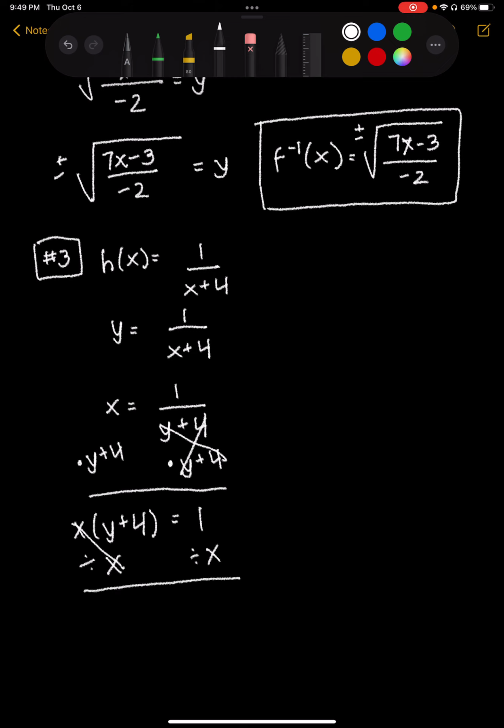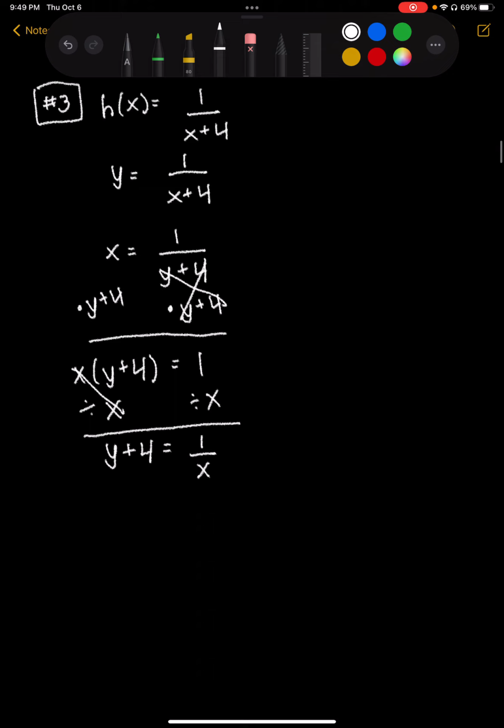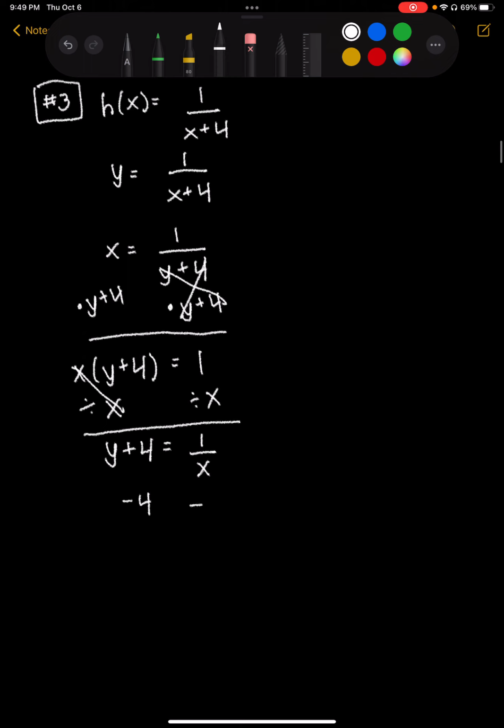So the x's on the left side cancel out, and we're just left with y plus 4. Then on the right side, we'd have 1 divided by x, which we have to leave as 1 over x. There's no way to simplify that. Okay, and now we still want to solve for y, so we can get rid of the 4 just by subtracting it. And we'd end up with y is equal to 1 over x minus 4.